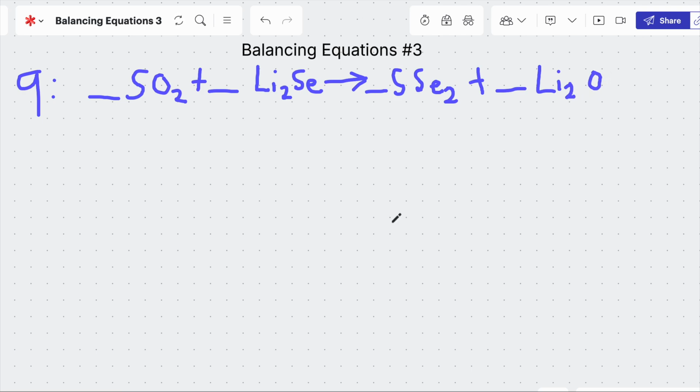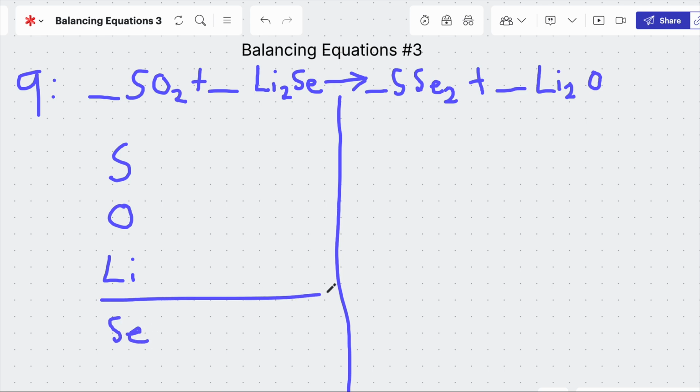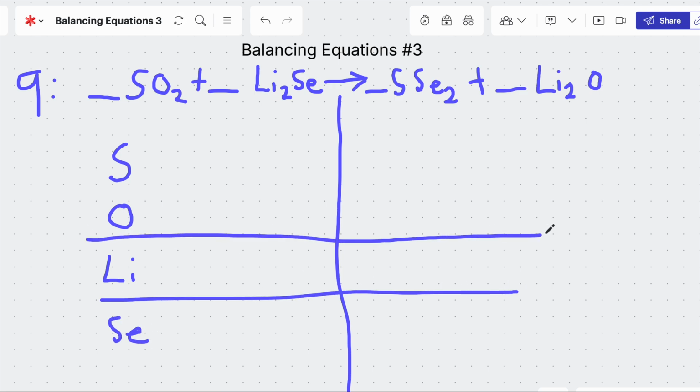Oh, awesome. So let's make our chart. We got S's, we got O's, we got Li's, and we got Se's. Awesome. So get that chart made.